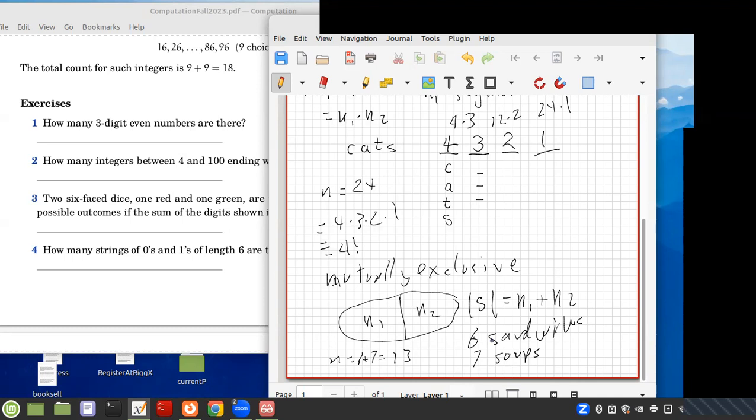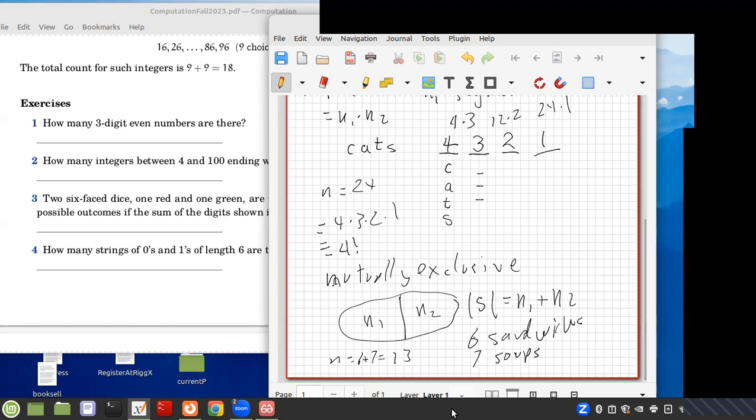So I'd have 6 times 7 possible meals. Depending on the choices, I could have one or the other or both. This is I could have one or the other, but not both. They're mutually exclusive choices, or independent choices that I have to make for both.